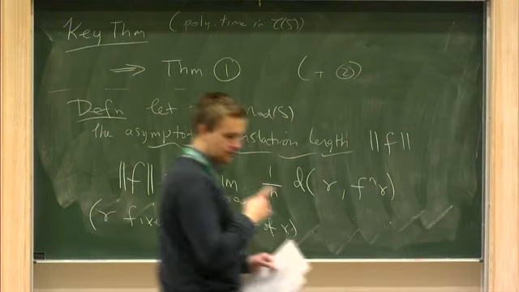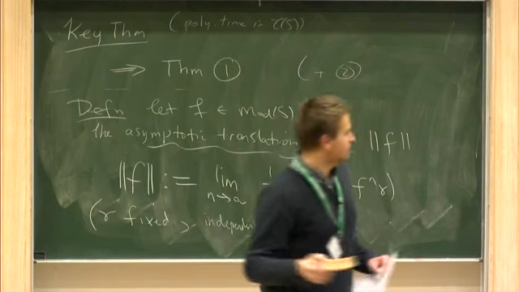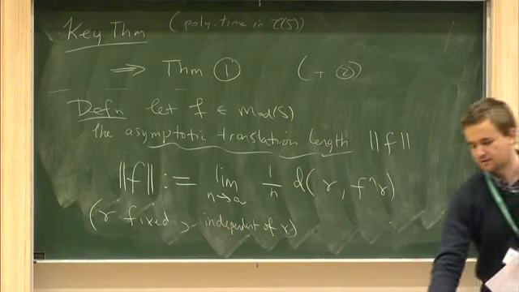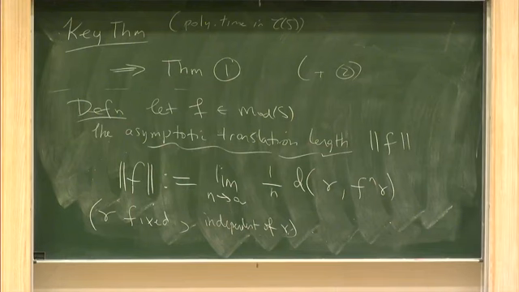What's so nice about the asymptotic translation length of f is that it detects whether the mapping class is pseudo-Anosov. So here's a nice theorem due to Masur and Minsky.